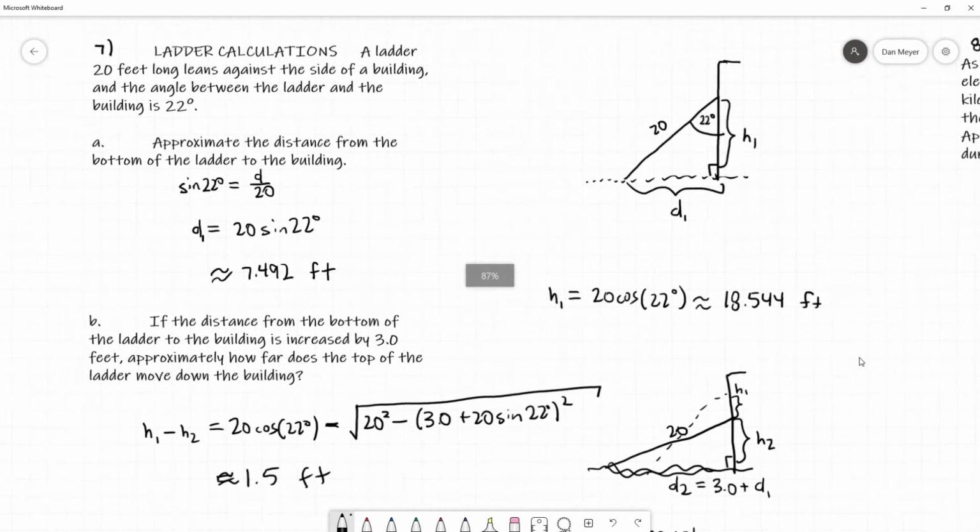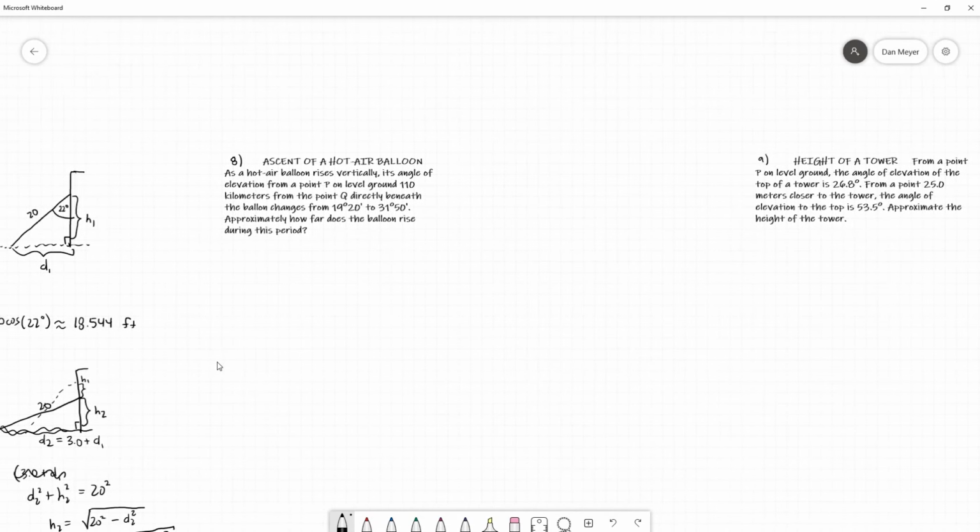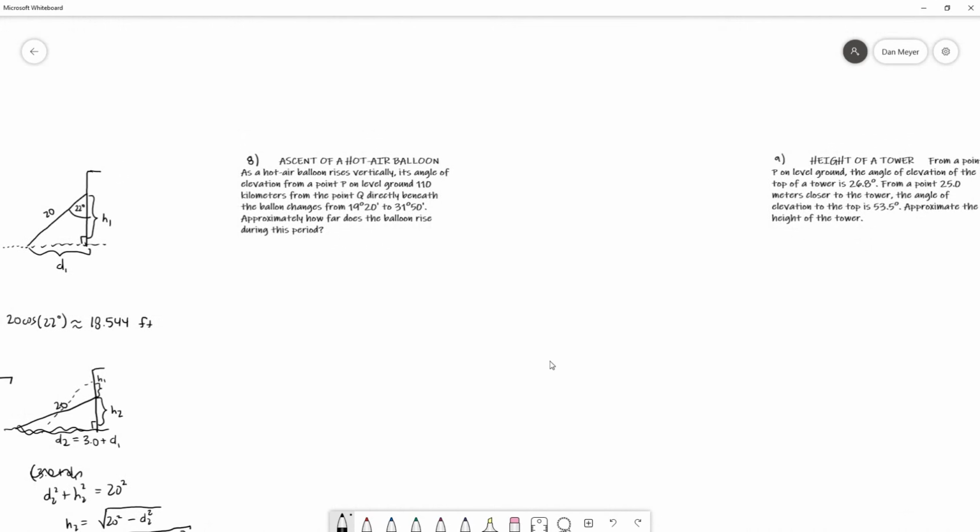Do we have time for... Well, we don't have time for these last two. I'll go ahead and do a video probably tomorrow afternoon, where I'll work through these last two problems. There was also some question, and you guys had some trouble with some of the solve the trig equation problems from the 6.3 homework, I think it was.